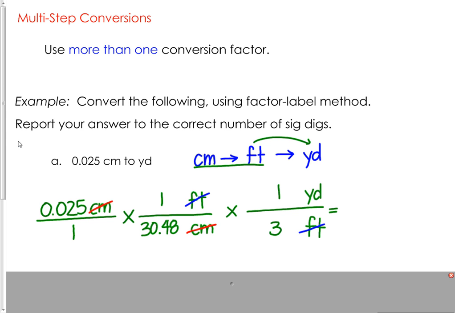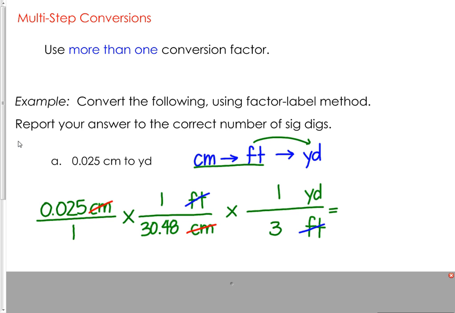Now you're going to do the math of this problem, and you want to be careful with how you put this in your calculator. You multiply the things that are on the top, so 0.025 multiplied by 1 and by 1 again, which is just 0.025. Everything on the bottom is a divided by.